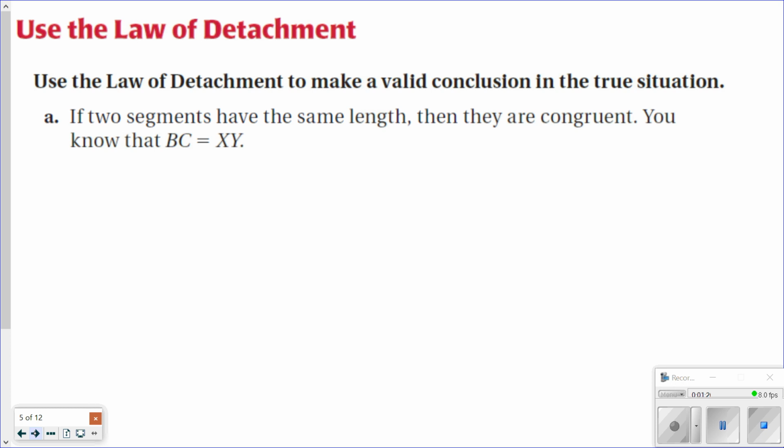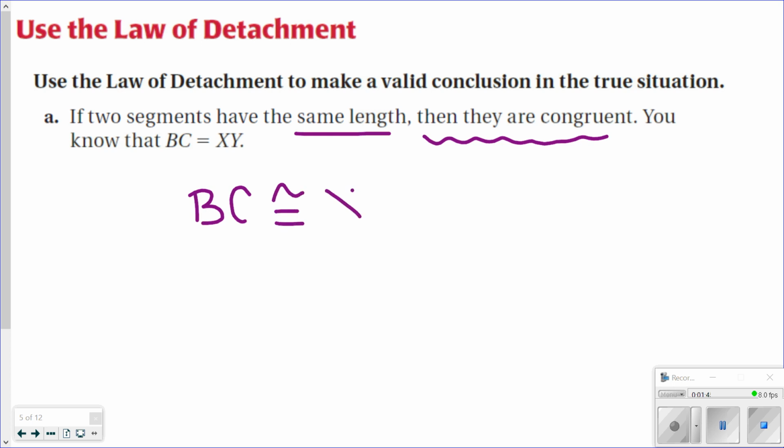Don't think too much into this. If segment BC is equal to segment XY, that means they have the same length. So what's the second part of our first sentence? Then they are congruent. So we can say, if they have the same length, BC is congruent to XY. And I'm done there.